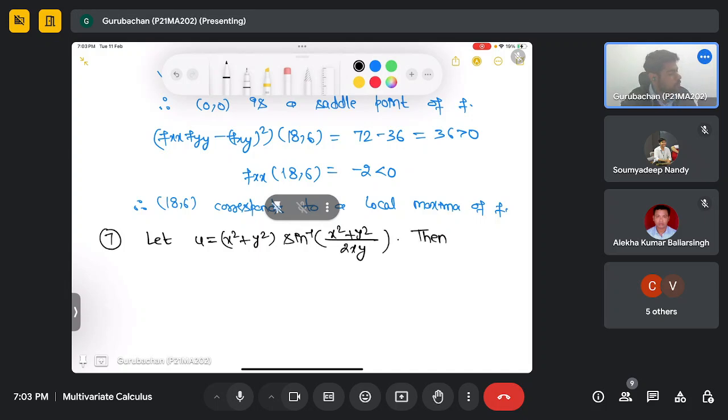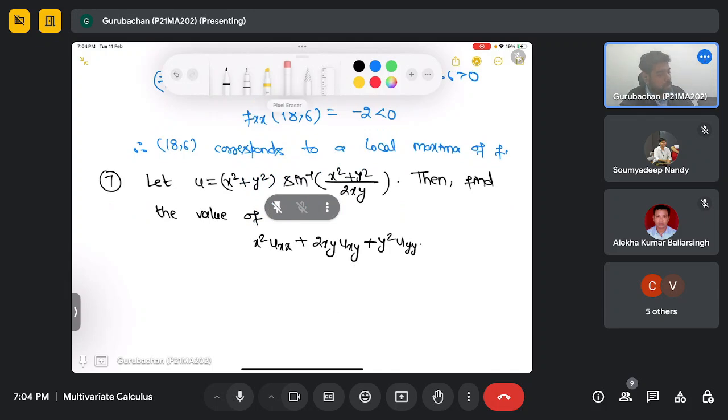Then find the value of x square uxx plus 2xy uxy plus y square uyy. We need to find out the value of this expression, and we can treat this as our first part. Then I will let you know in the second or third part I am changing the function a little bit to get a better understanding. So please find out the value of this by Euler's theorem.